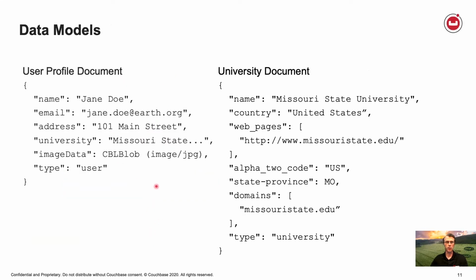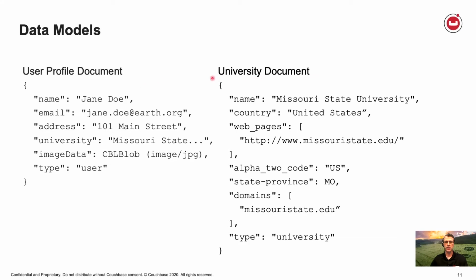So this is a way to store, associate non-JSON data with a document. Typically, these are going to be images, right, but they could be any type of binary data. You use these blobs and attach them to your document. If you've been using Couchbase for a while, you may be familiar with attachments. All right, same idea. So we'll be working mostly with this user profile document through the rest of this session.